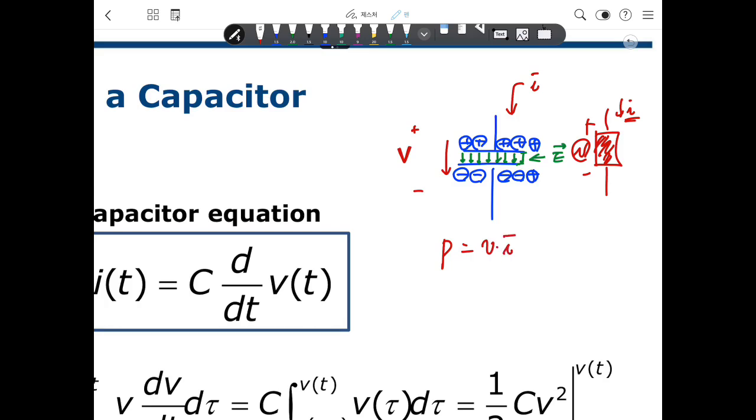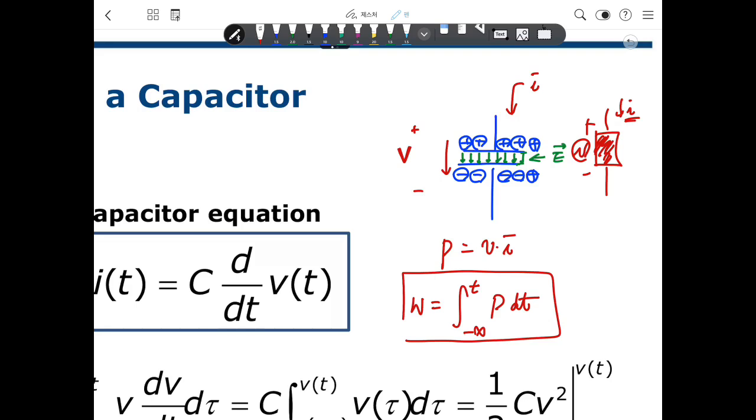The energy is the integral of the power over time, so energy will be from minus infinity to t, p dt. That's the energy equation for calculating the capacitor.